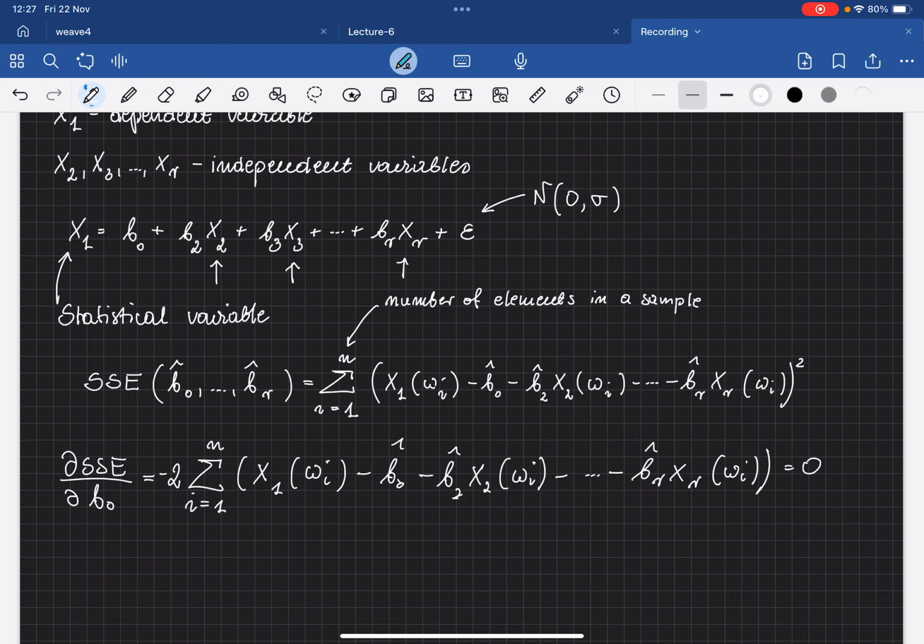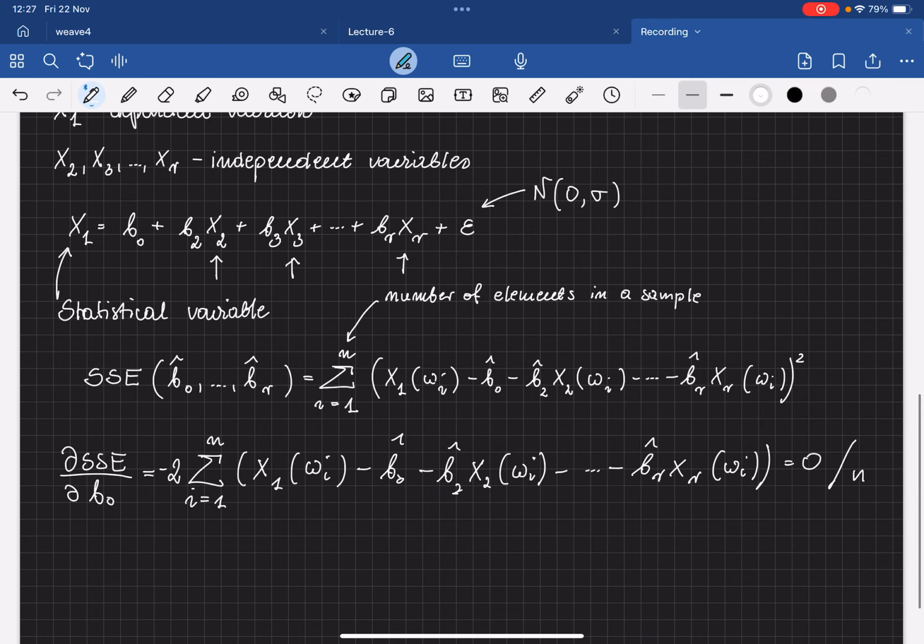So what do we do? Since it has to be 0, we can forget about the numerical coefficient here. We just can cancel it. And then both sides of the equation, this is one side of the equation, this is the other side of the equation, we can divide by the number of elements of the sample and take a summation.